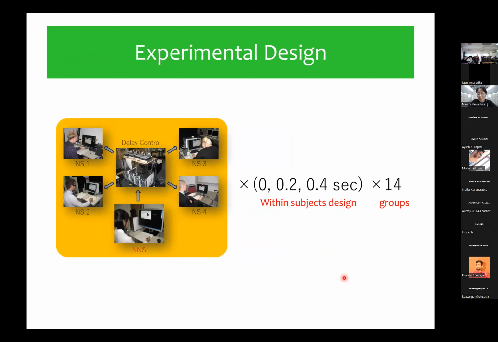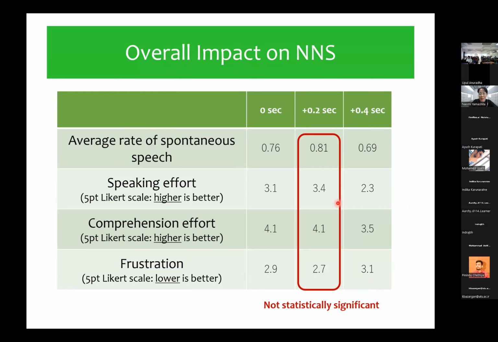Now, we ran a study with 14 groups where each group engaged in 3 group discussions, each with varying gap durations: no gap, 0.2 second gap, and 0.4 second gap. And here are the results.